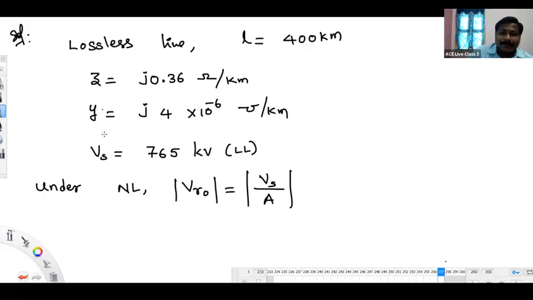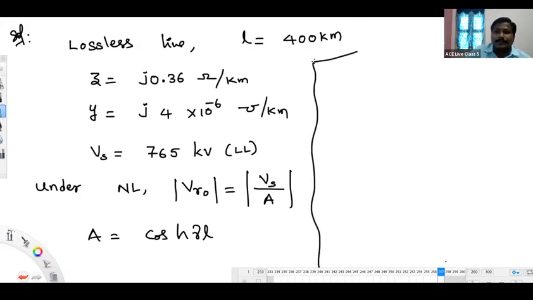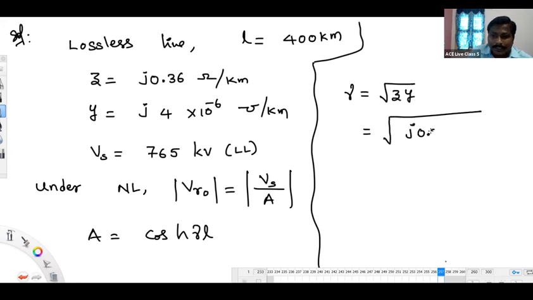Say you have these Z and Y values. So A, I will keep this as cosh(γL). What is gamma? Gamma is the root of small z into small y. So you can write this as the square root of j0.36 times j4 into 10 power minus 6.